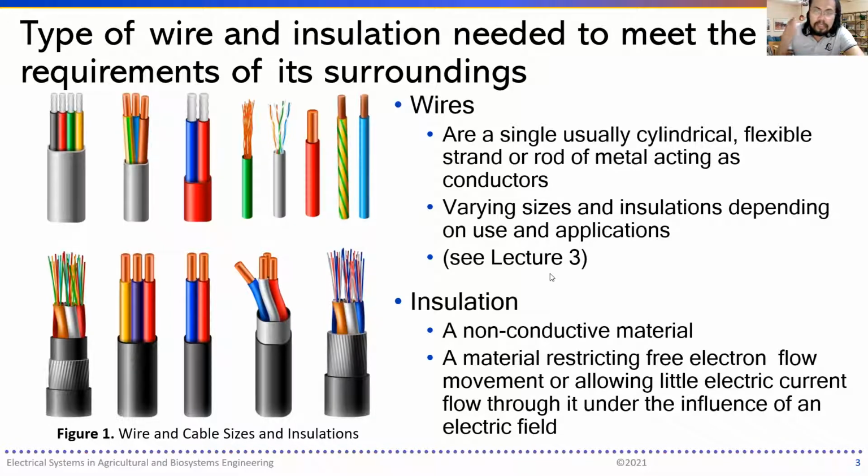So it is a material that restricts the free flow of electric charges, or has very little electric current passing through it, even under the influence of electric fields, as with conductors, metals, which the insulation now insulates.